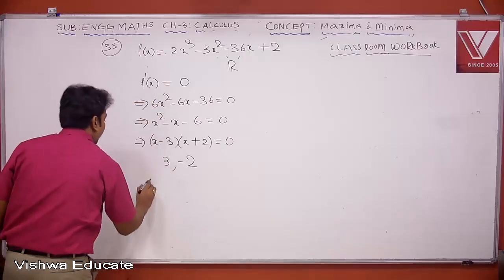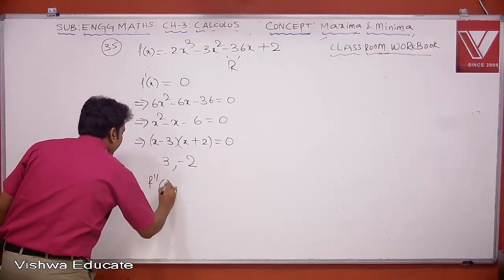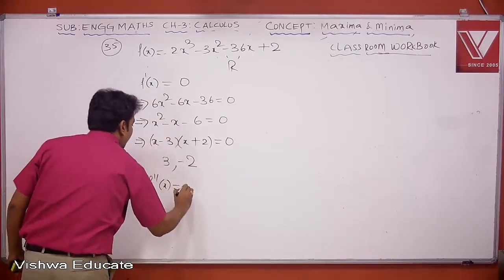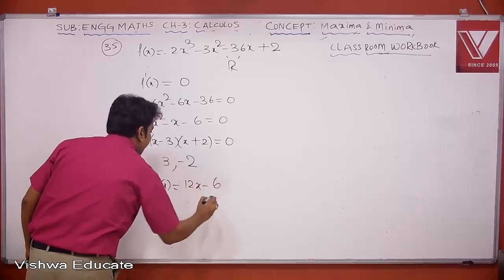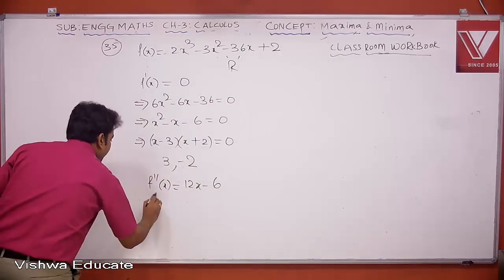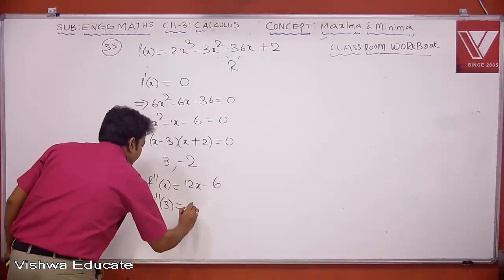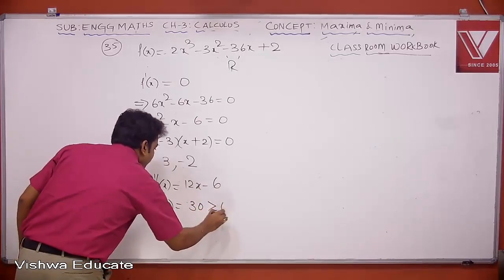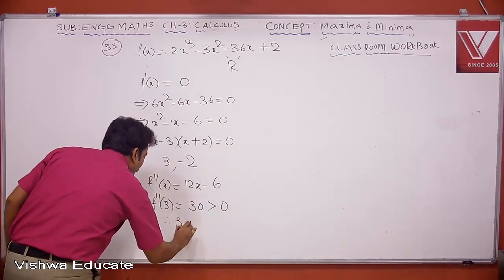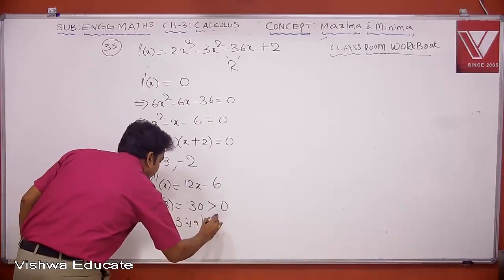Now let us find the second derivative, f double dash of x equal to 12x minus 6. Now replace x by 3, you will get 36 minus 6, which is 30. This is greater than 0. So 3 is a local minimum, which is not required for us.